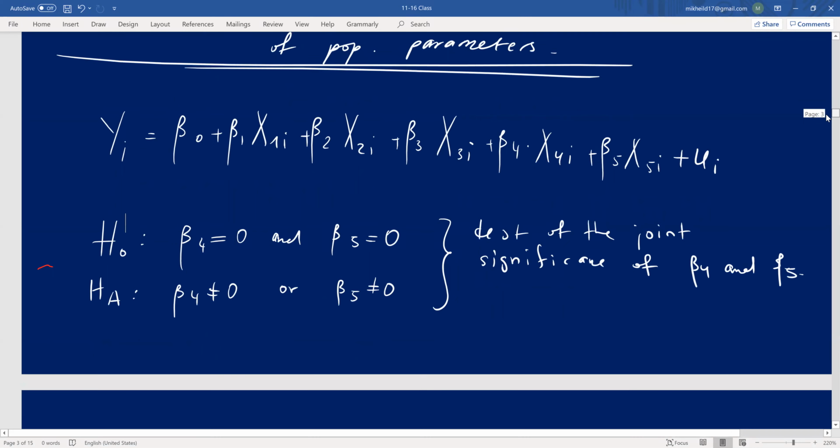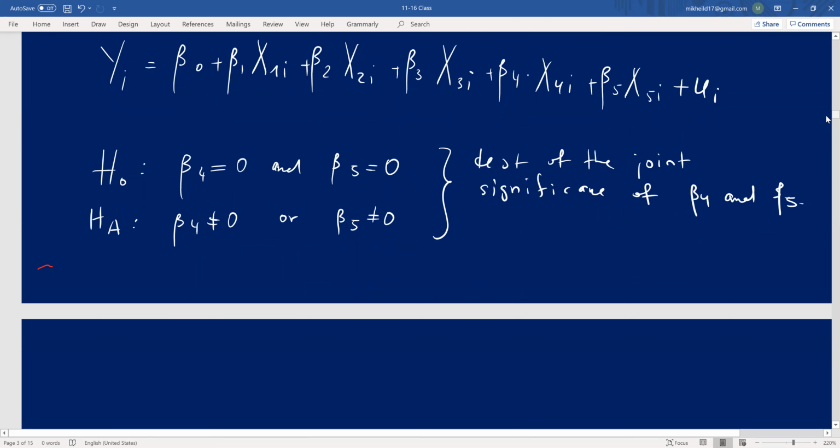The logic is the same. Simply the logic is the same. So the next step will be what? Statistic. Good.